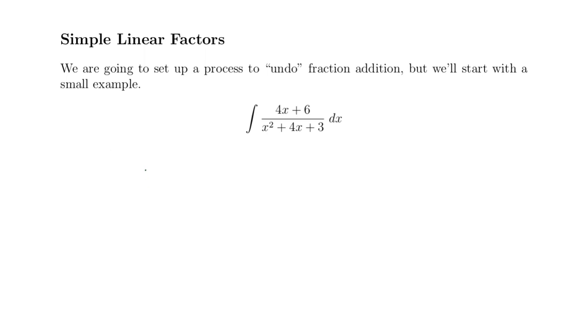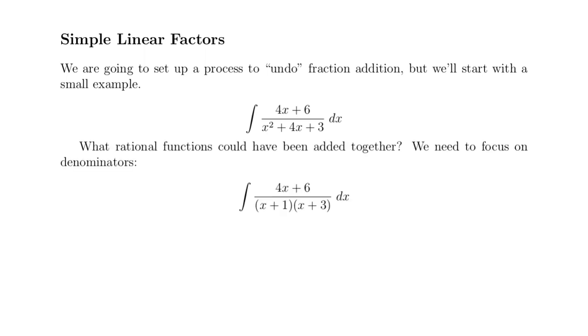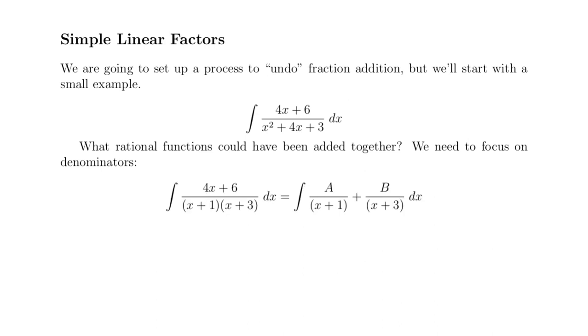So for something like this, we have to try and imagine what might have been added together to get this rational function. To do that, we should focus on the denominator because we know that when we add those fractions together, we have a common denominator. So what rational fractions could we have had? Let's focus on this x plus 1 and x plus 3 in the denominator.